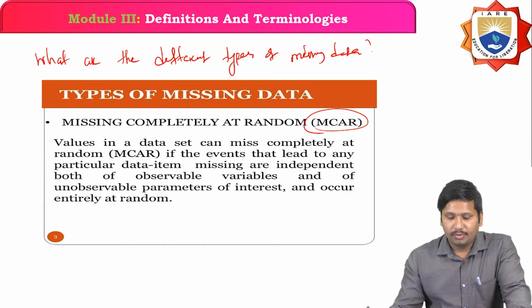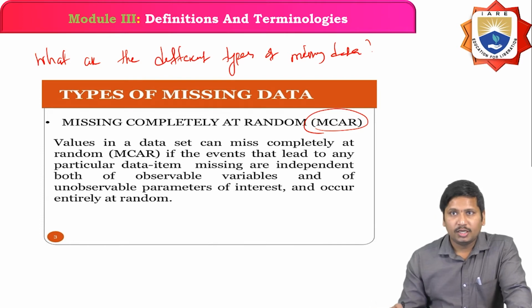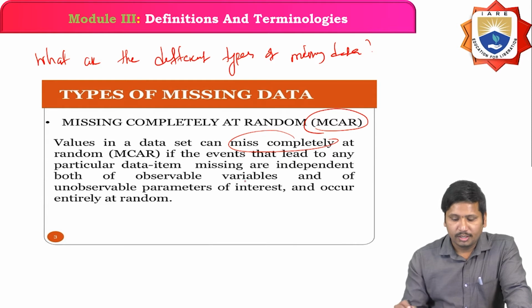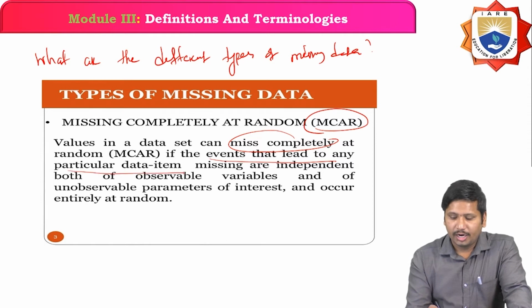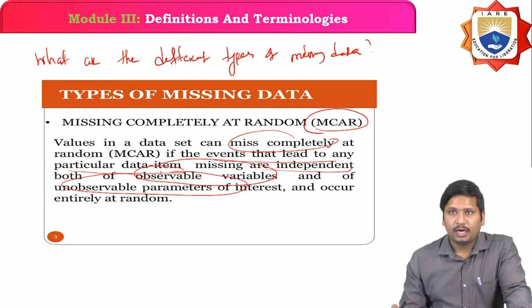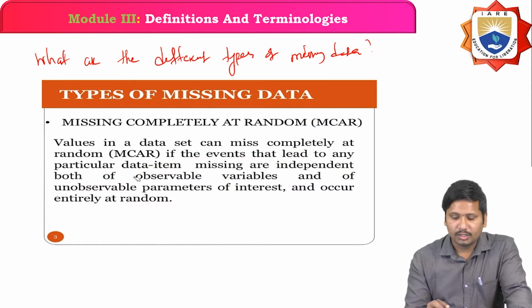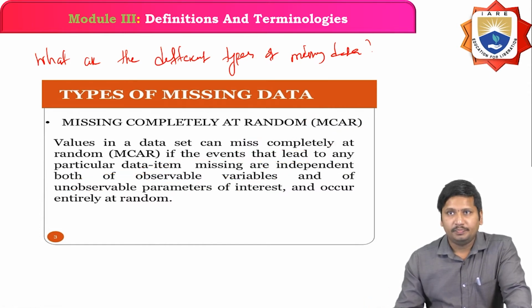Missing completely at random means values in the data set can be missing completely at random, so that the events that lead to any particular data item being missing are independent of both observable variables and unobservable parameters of interest, and it may occur entirely at random. That type of missing data we call missing completely at random.